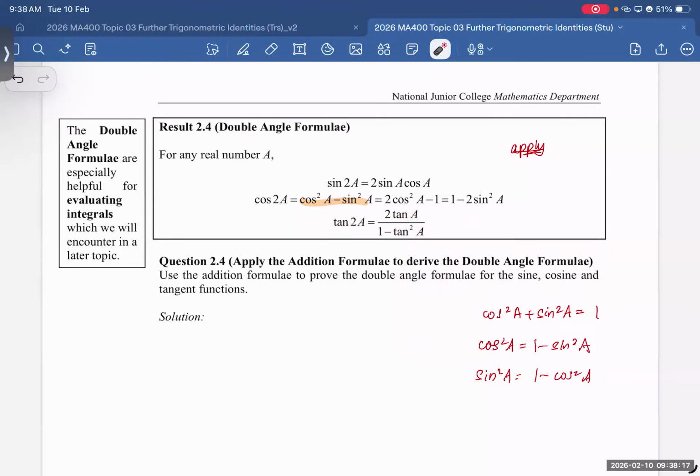So do the proving, apply the addition formula. Sine 2A, just apply the addition formula, substituting B as A. That's all you need to do.